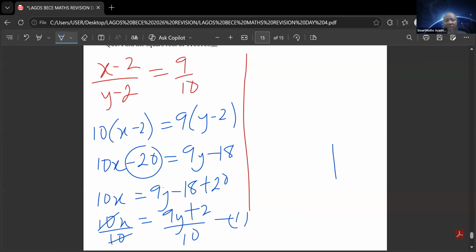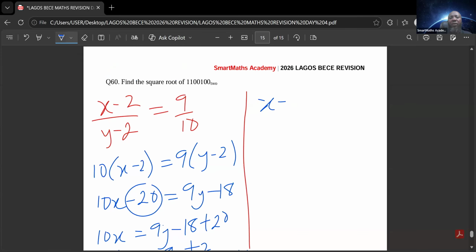So wherever we see x, we are now going to substitute in equation 2. So this is equation 1. So we go to equation 2, which says (x − 3) over (y − 3) equals 4 over 5. Wherever we now see x, we put (9y + 2) over 10.